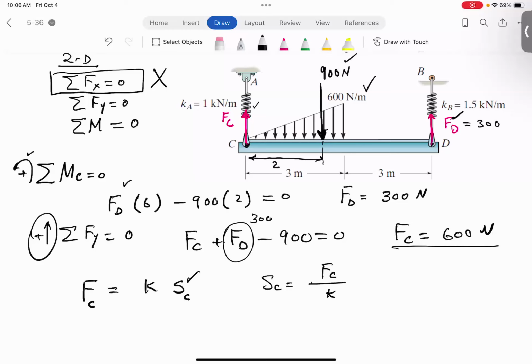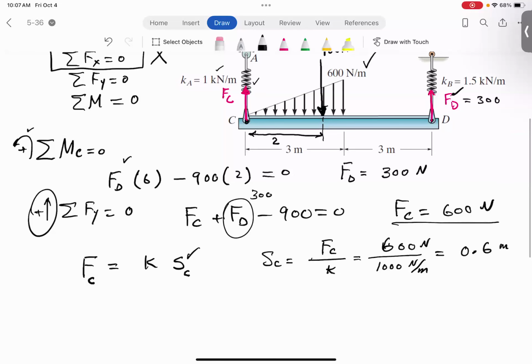K at C is 1,000 newtons per meter, be careful with the unit, and the force that we just calculated is 600. We don't even need a calculator here. This becomes 0.6 meters. That's how much C is going to stretch and move down.